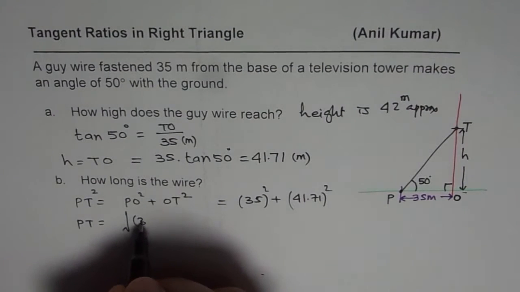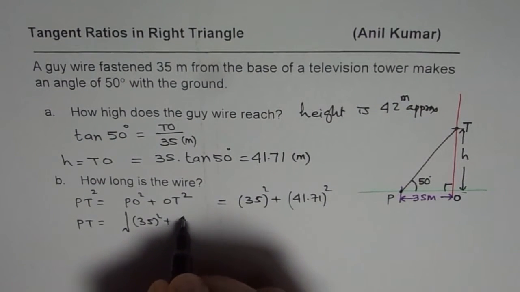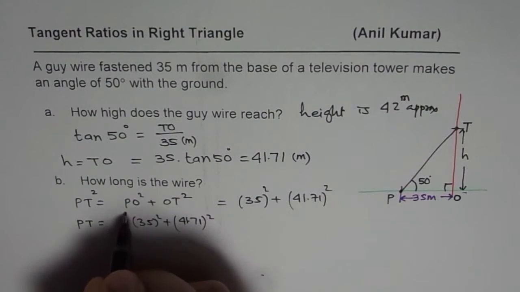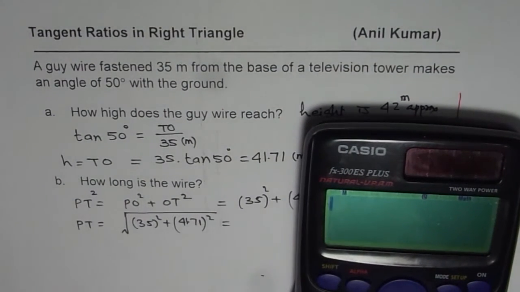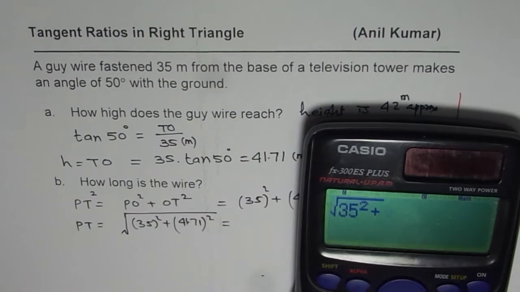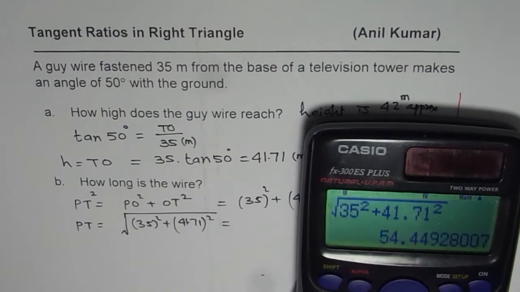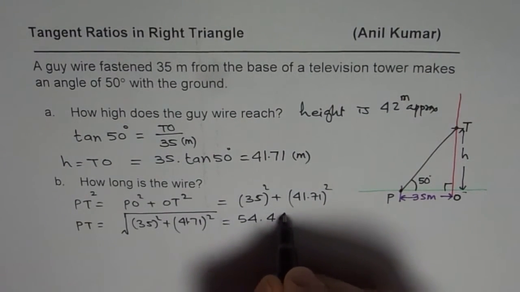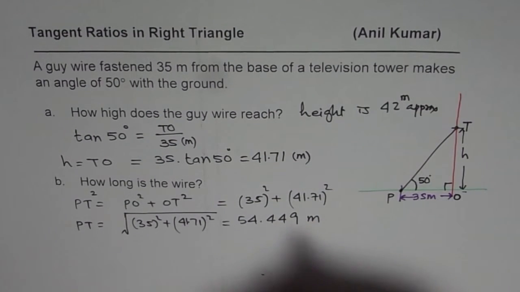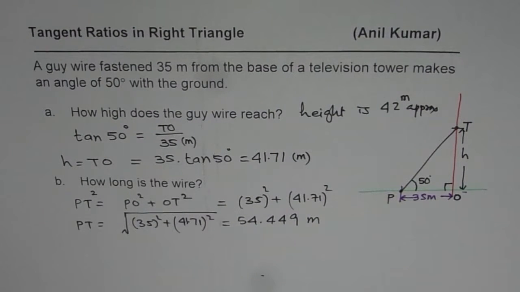So we have the square root of 35 square plus 41.71 square. Use the calculator once again, find your answer. So we get 54.449. Units are meters, correct? So that is how we can find the length of the wire.